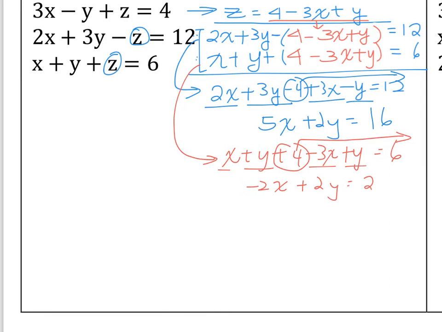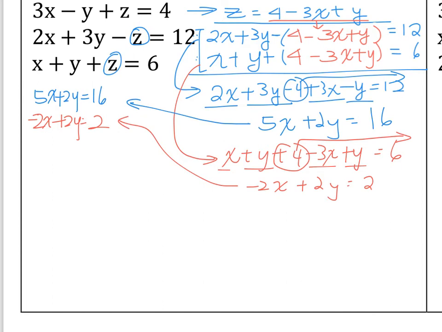Now, I'm going to use the elimination method to solve for x and y. So I'm going to copy this here. 5x plus 2y equal to 16, and negative 2x plus 2y equal to 2.